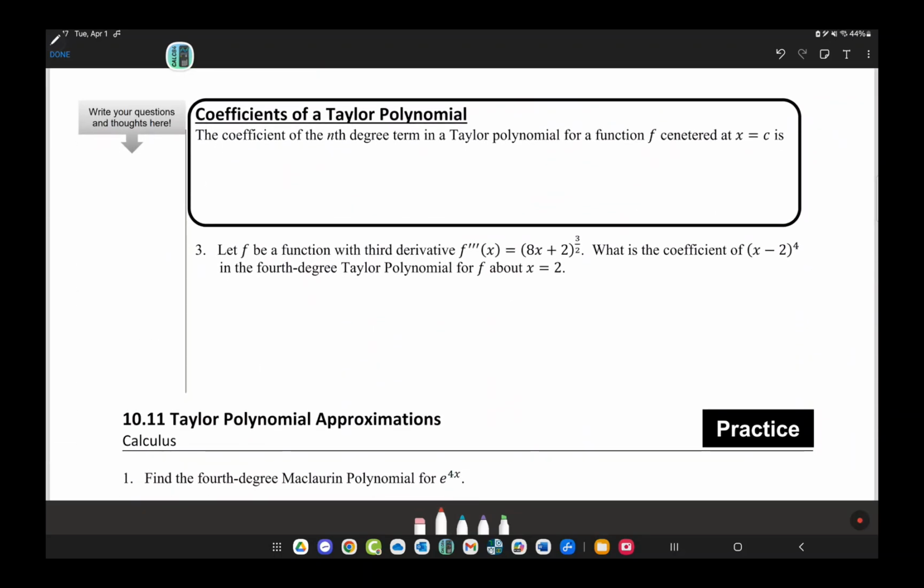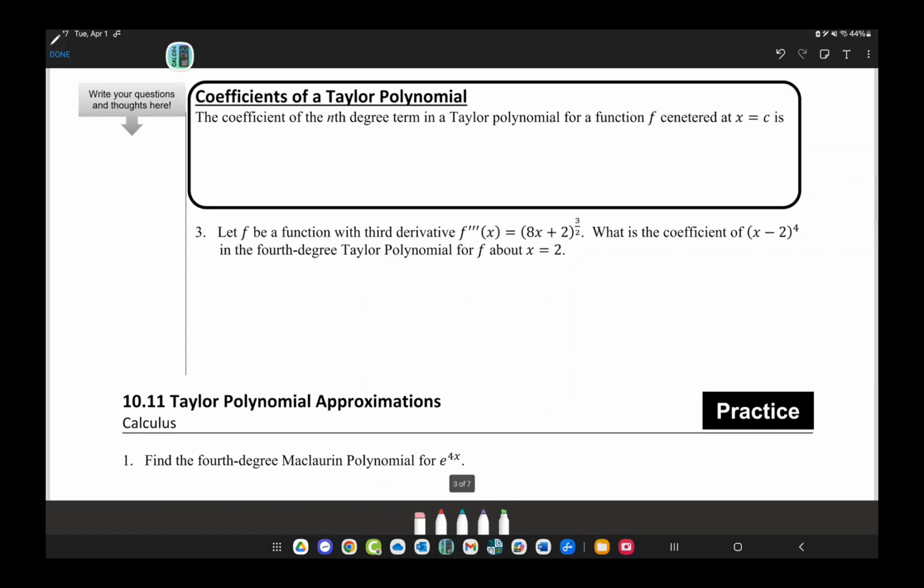So, the coefficient of the nth degree term in the Taylor polynomial of the function f centered at c. We've already been kind of writing this. Remember that the nth term of a Taylor polynomial is f to the n of c times x minus c to the n over n factorial. Basically, just bring that out.